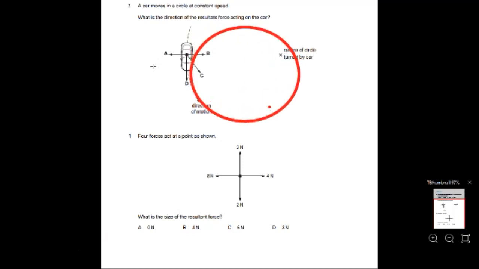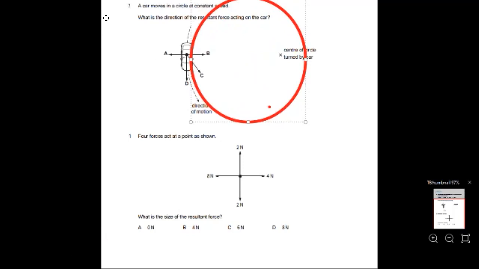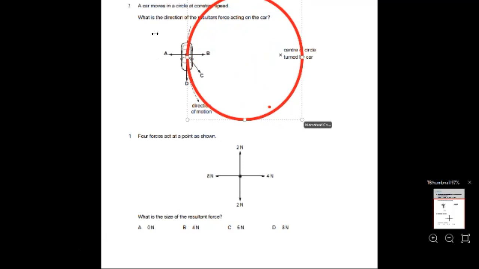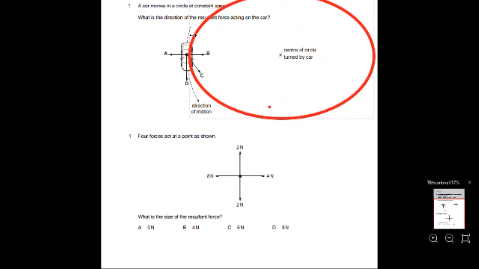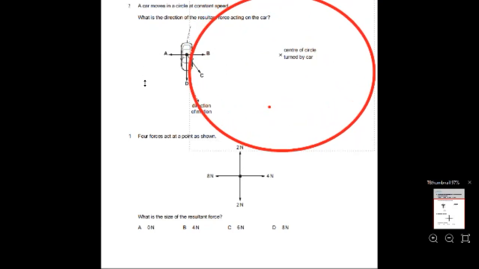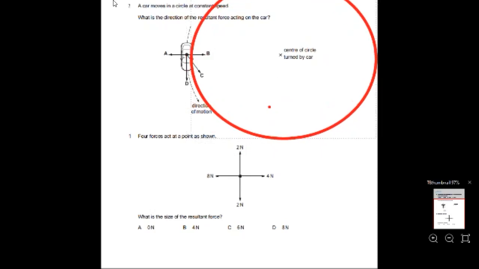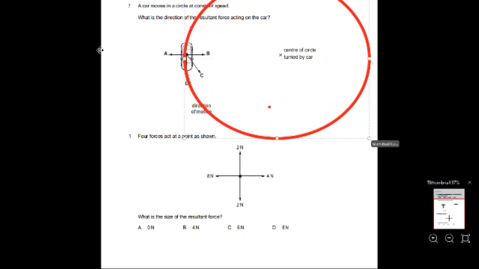Let's assume this is the circle, and there is a center of the circle as well.